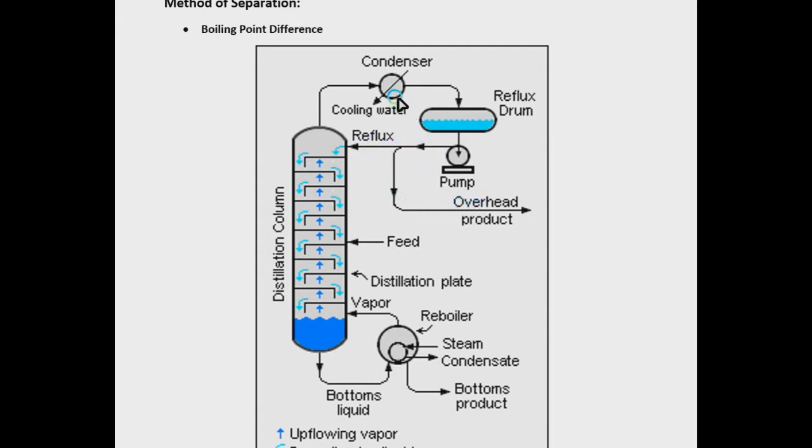But in the partial condenser, there will be a few vapors and a few liquid. Like we have in the condenser 50% liquid and 50% vapor. So there will be different composition in the reflux and overhead product, because the overhead product is always liquid, whether we have vapor inside this stream or we have liquid inside the stream.